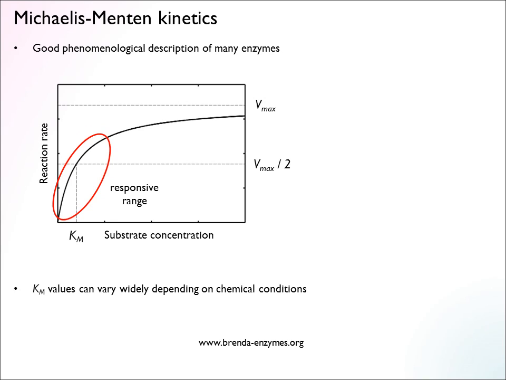It doesn't make much sense for a cell to have enzymes which are completely saturated all the time. So you would expect that this is the physiological range. And these Km values can be determined in vitro, though it's a little difficult. You can find databases like Brenda where you can find these Km values for enzymes.